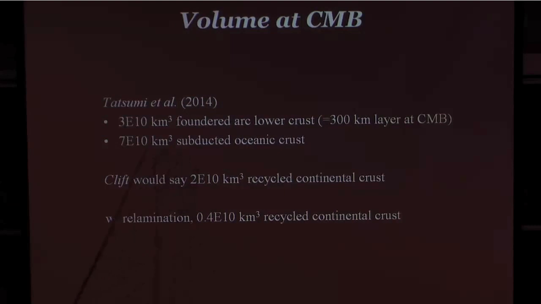If ocean crust is going down there, by comparison, it's about twice that. And the individuals who like to have lots of recycling of continental crust back into the mantle, it would be comparable in amount to the foundered arc crust, whereas I would say it's probably substantially less than that.